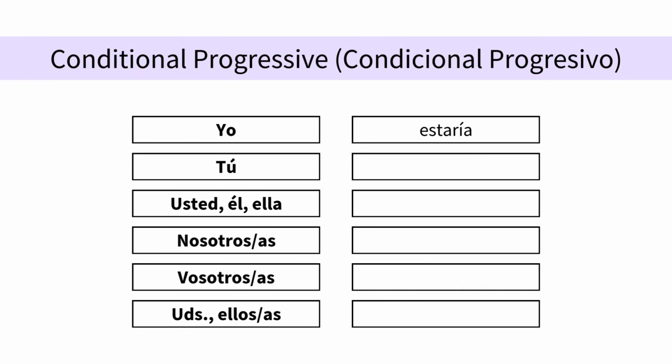And the last tense we'll take a look at today is the conditional progressive, condicional progresivo. The verb estar is conjugated as estaría, estarías, estaría, estaríamos, estaríais, estarían.